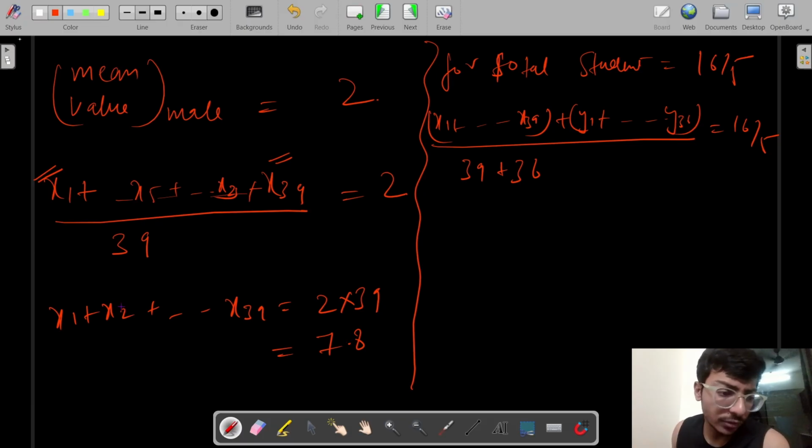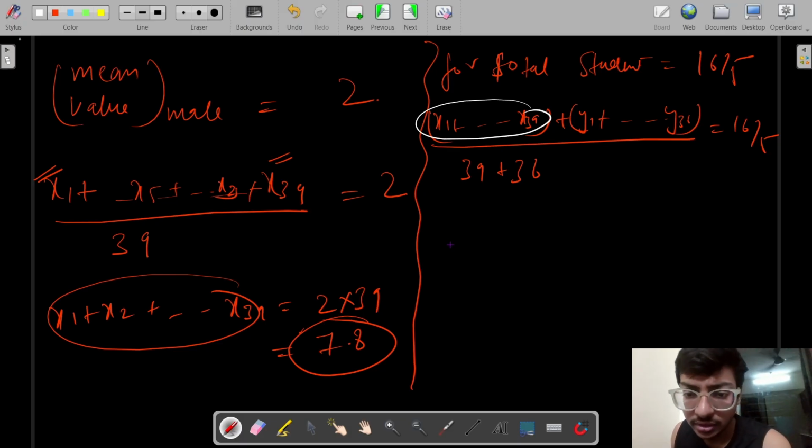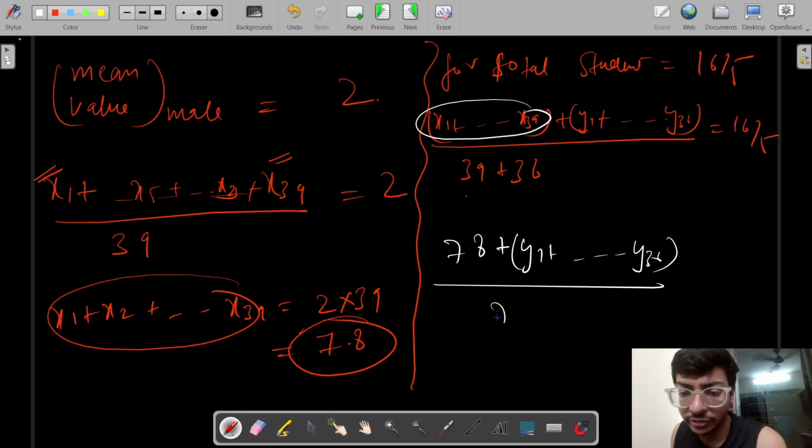And I know the value of x1 to x39 is equal to 78. So if I put this value over here, this is 78 plus the total number of meals that females have taken in a week, that is y1 to y36, upon 39 plus 36, that is 75, which is equal to 16 by 5. Fine.